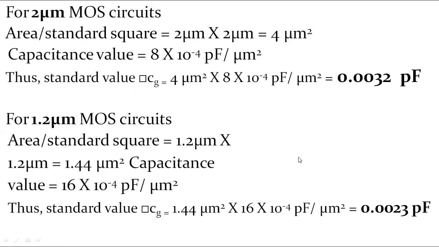Similarly, for 2 micrometers it is 0.0032 picofarads. For 1.2 micrometers it is 0.0023 picofarads. Okay, these are the capacitance values.